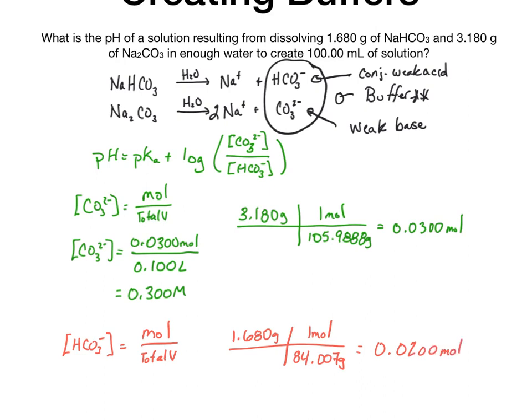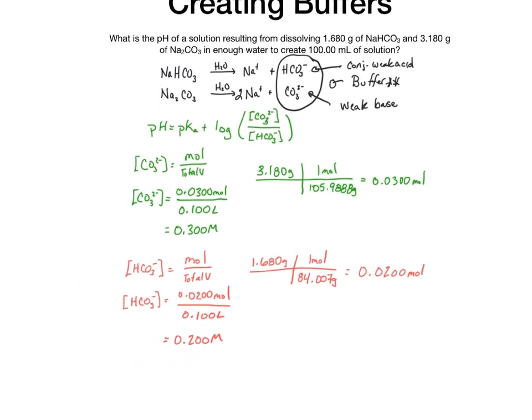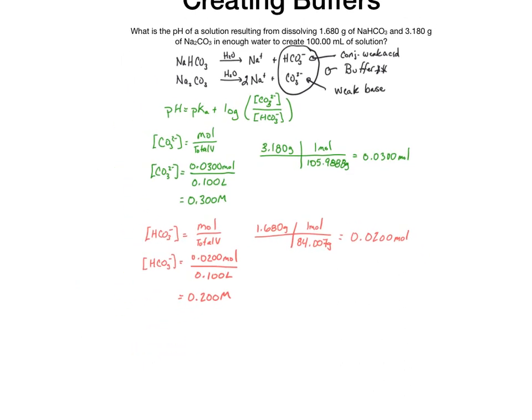And so my concentration of my bicarbonate is equal to 0.0200 moles divided by my 100 milliliters or 0.100 liters, which is equal to 0.200 molar. And so now I have all the information that I need to plug into the Henderson-Hasselbalch.